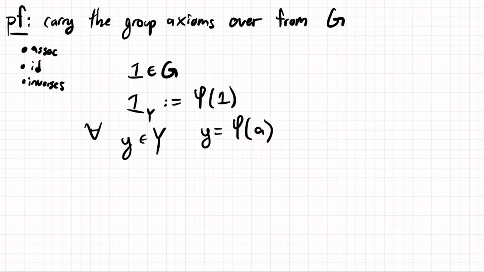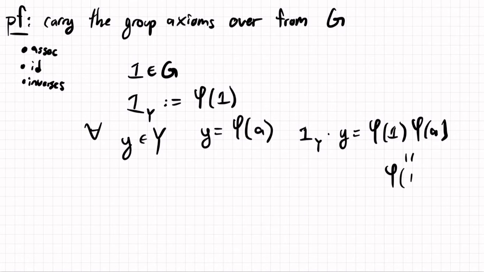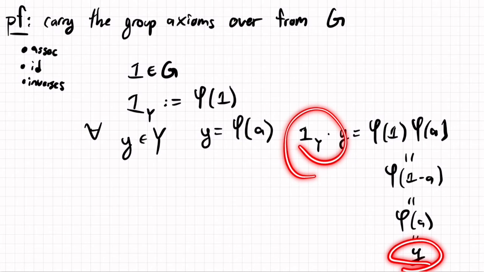Then 1_Y times y is equal to phi of 1 times phi of a, which is equal to phi of 1 times a, which is equal to phi of a, which is y. So that's the part of the identity axiom that 1 times y equals y.